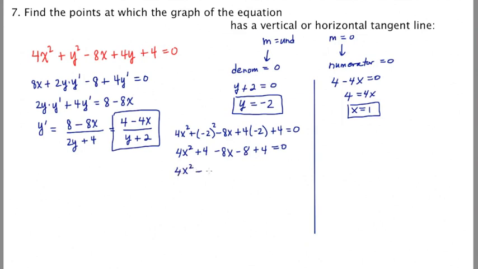We have 4x squared minus 8x, and notice I've got a plus 4 and a plus 4, which is 8, and 8 minus 8 is 0, so the constants all go away. If I factor out a 4x, I'm left with x minus 2. Setting each factor equal to 0, I get x equals 0, x equals 2. So there are two places where we have an undefined slope or a vertical tangent line: one at (0, negative 2), and the other at (2, negative 2).